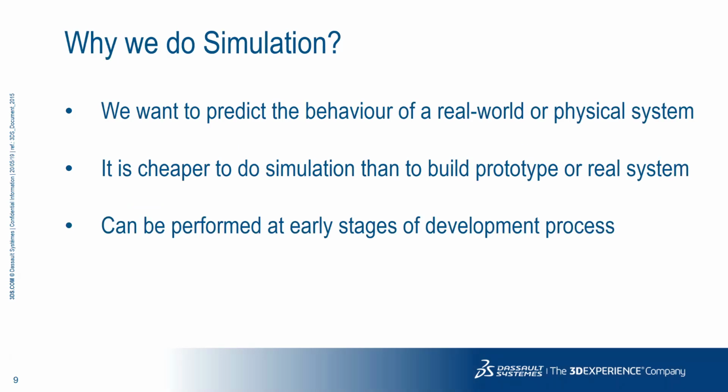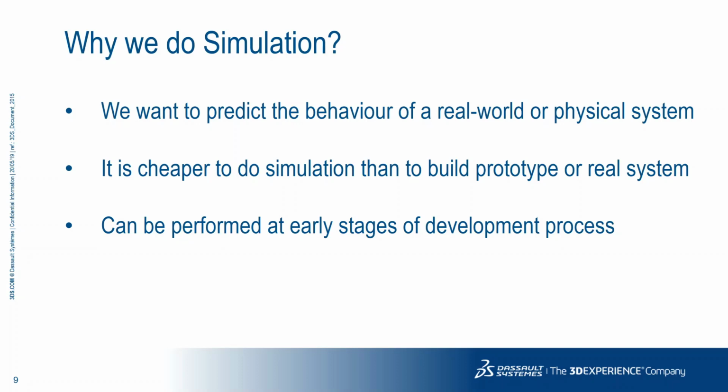We looked at what simulation is. Now let's look at why we do simulation. Here I listed the main reasons why we do simulation. The first one is that we want to predict the behavior of a real-world or physical system. Also, it is usually cheaper to do simulation than to build a prototype or a real system.